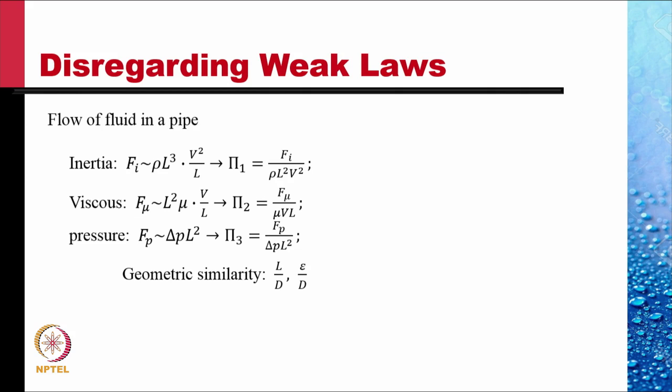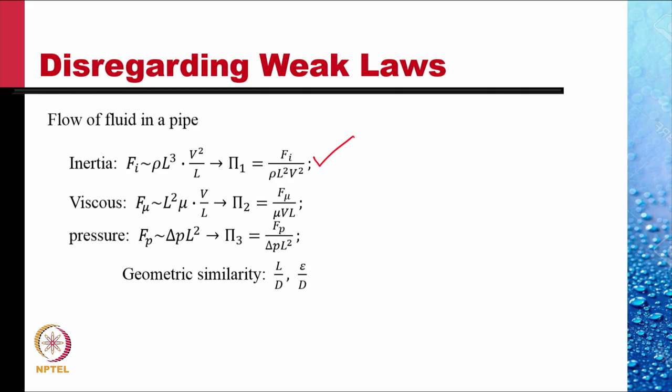The pi number that results from the inertia forces is Fi divided by rho L squared V squared. The pi number that results from viscous forces is F mu divided by mu V L. Mu is the viscosity. And from pressure, we get the pi number Fp divided by delta P L squared.